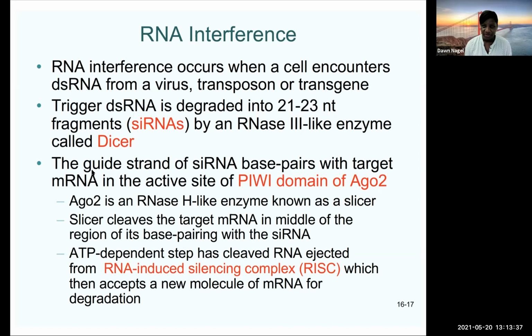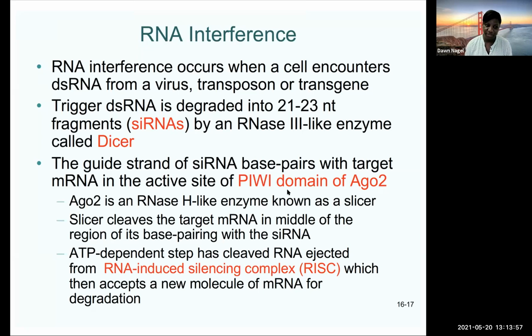From the short pieces of double-stranded siRNAs that exist, one of those strands gets degraded, and the other strand is used in combination with a range of other types of proteins. We'll talk about AGO2 in a minute.